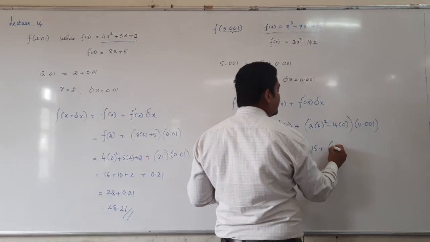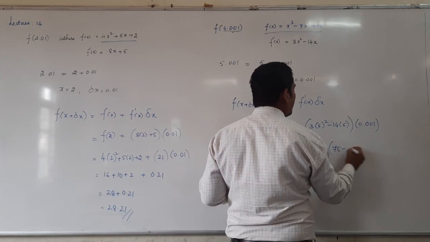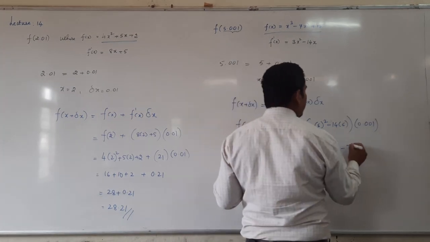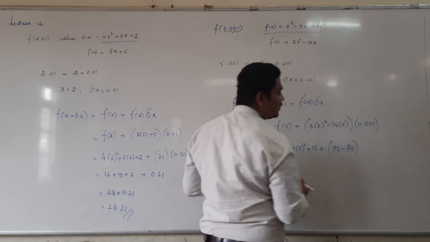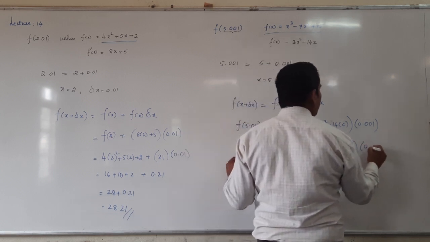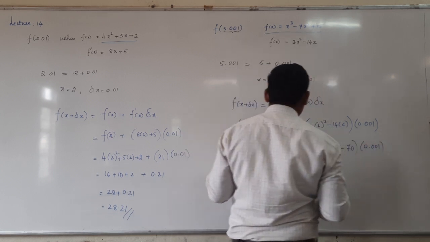Plus 25 into 3, that is 75, minus 70, into 0.001.